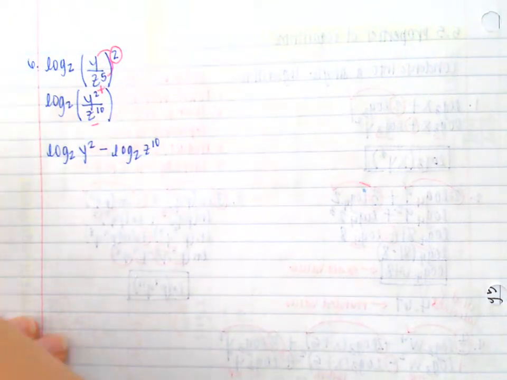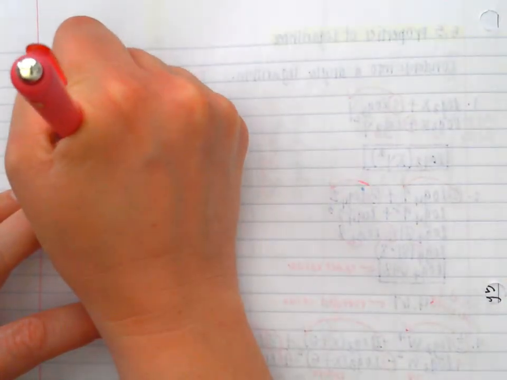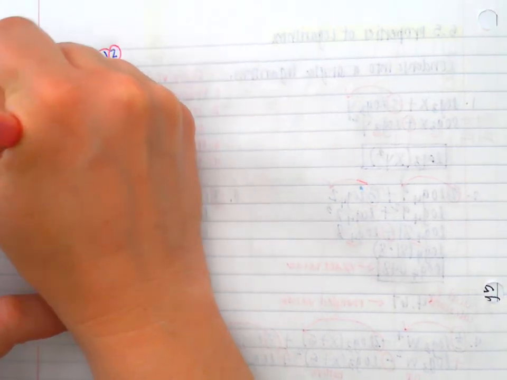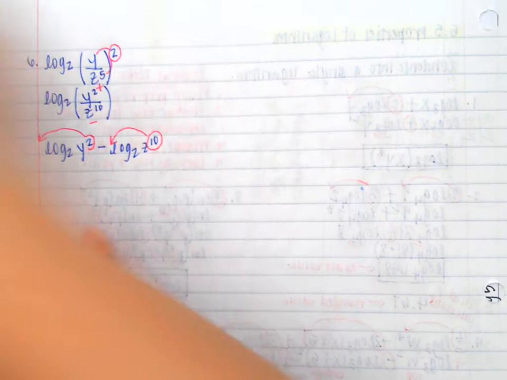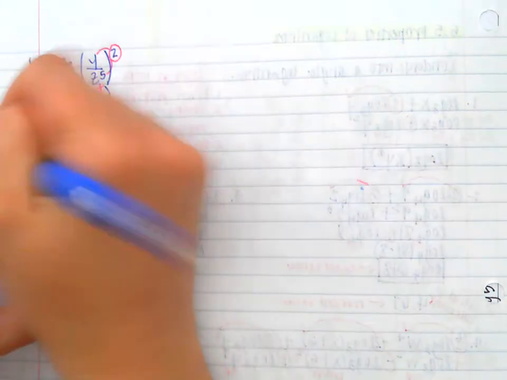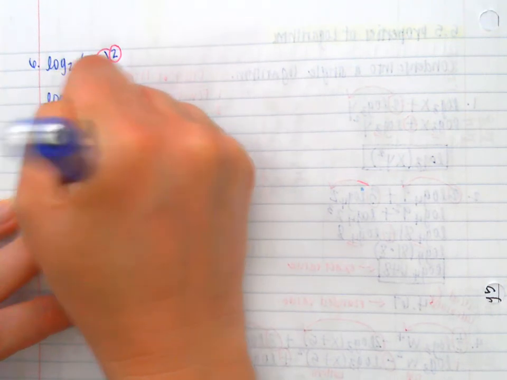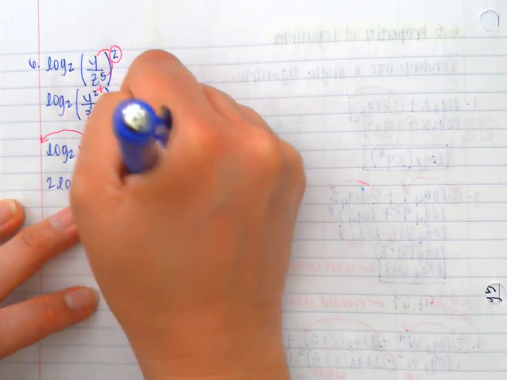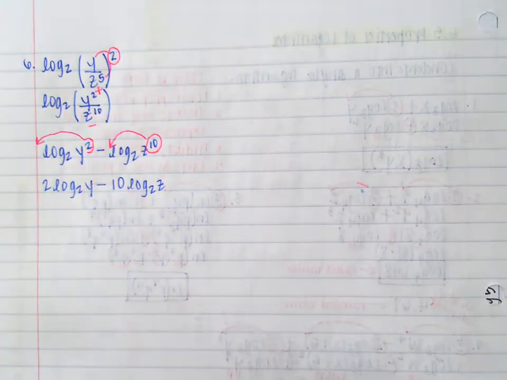I should never use z's. And then we're going to apply our power property. 2, it's going to go to the front. 10, it's going to go to the front. And so that would be 2 log base 2 of y minus 10 log base 2 of z. And that's it. That's my final answer.